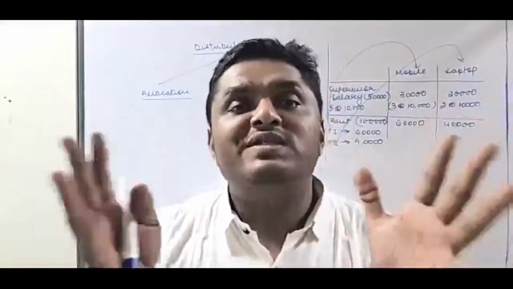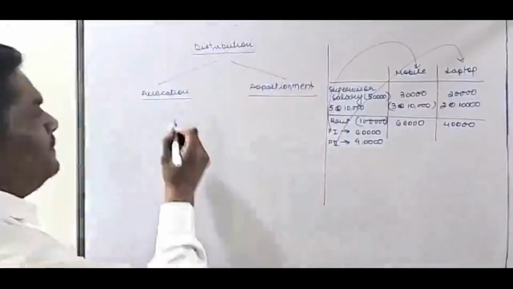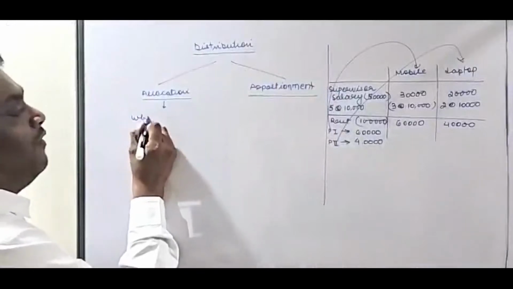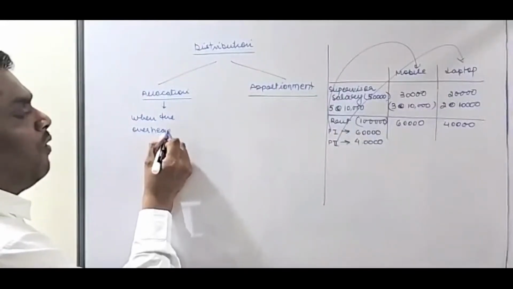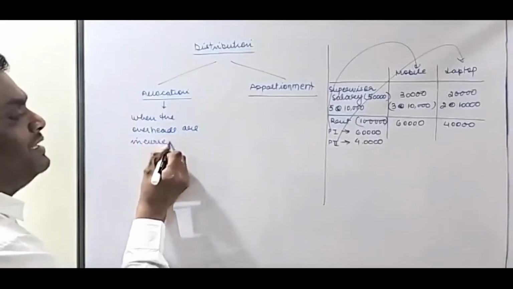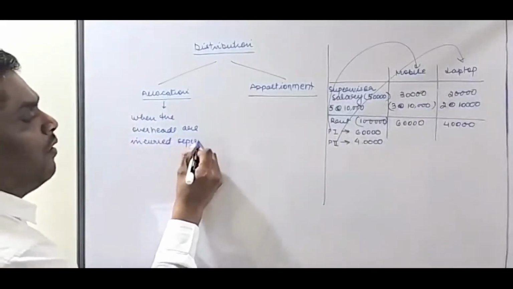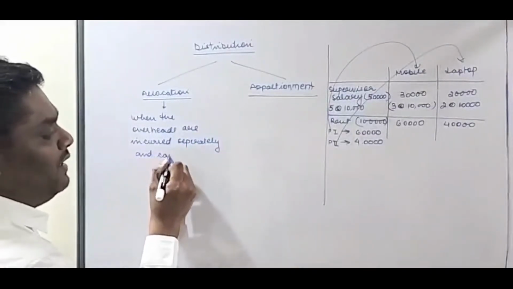This process is known as allocation. So what is overhead allocation? Very simple. When the overheads are incurred separately and can be distributed directly.